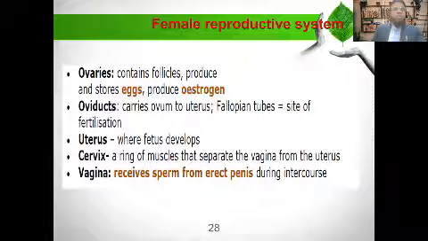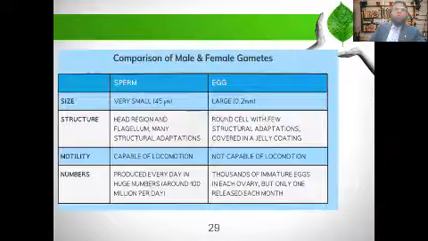Now the uterus is where the fetus develops. The cervix is a ring of muscle that separates the vagina from the uterus. And the vagina receives sperm from the erect penis during intercourse.